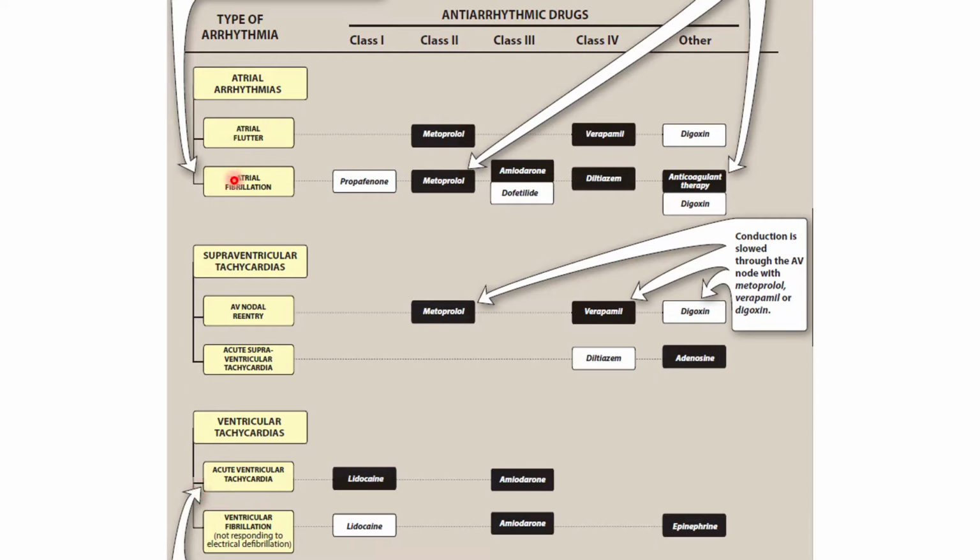So atrial fibrillation is also dangerous, but ventricular fibrillation is even more dangerous because it is not responding to electrical defibrillation.